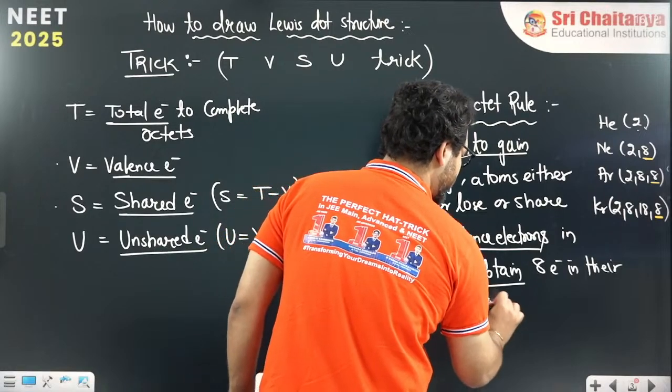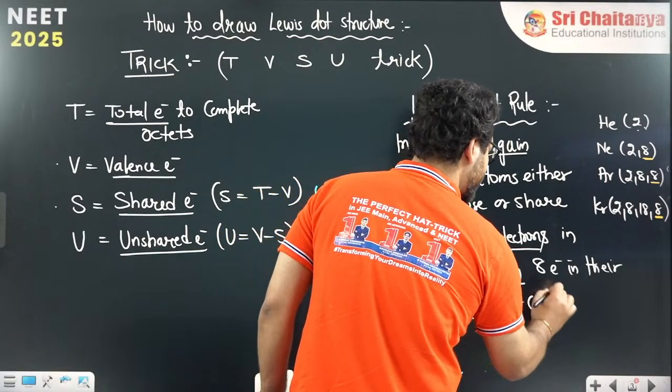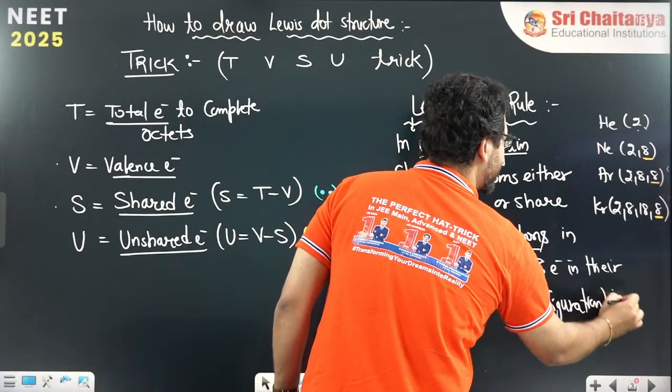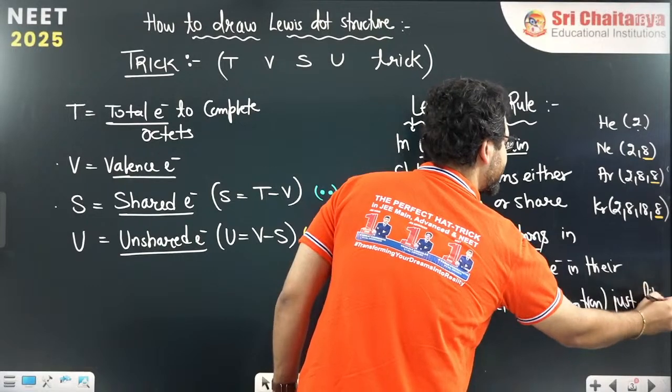With bracket we call it octet configuration, just like noble gases.